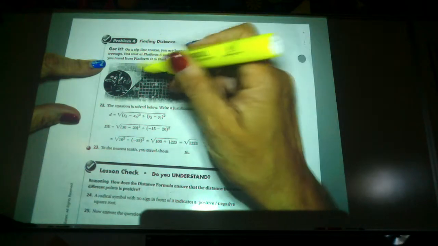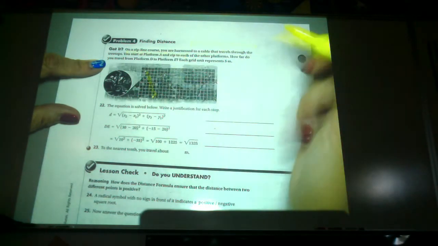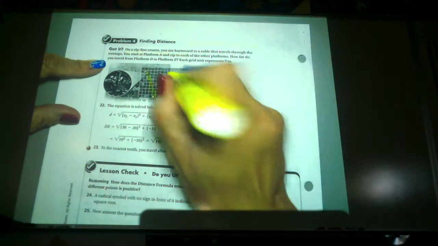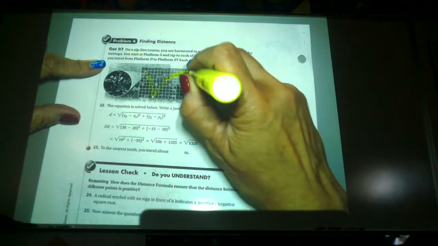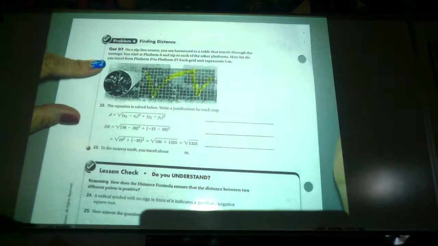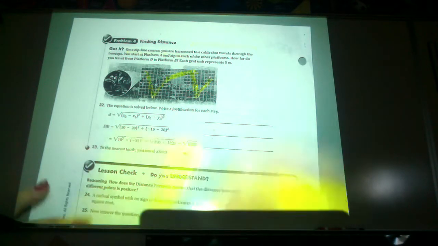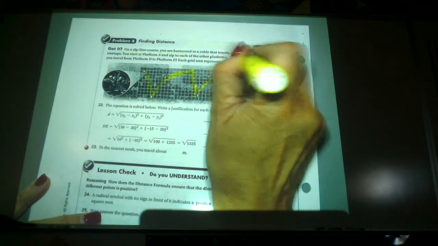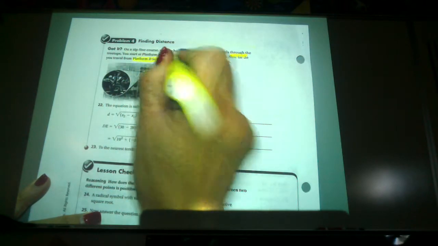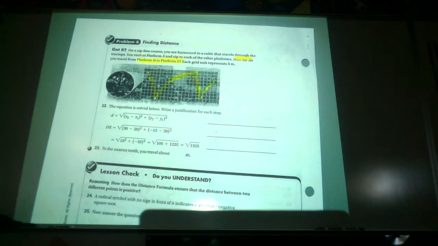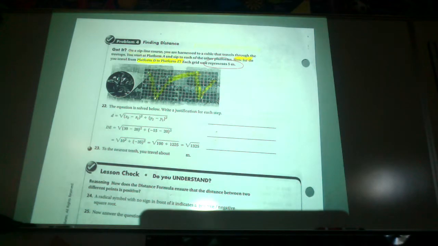You can see it goes on a line from A to B, to C, to D, to E, and then to F. So there's your pathway. You start at platform A and zip to each of the other platforms. How far from platform D to platform E? So how far is the distance? Each grid unit represents 5 meters. Well, that's important. So it's going by 5s.